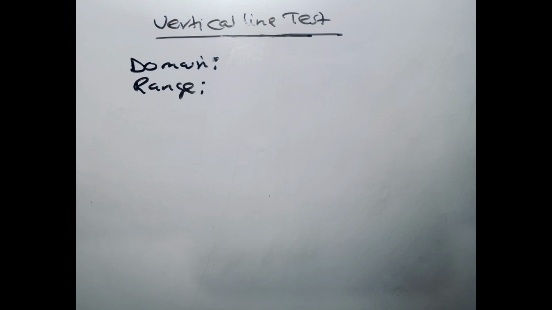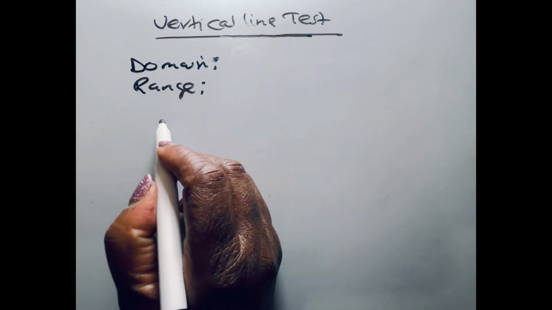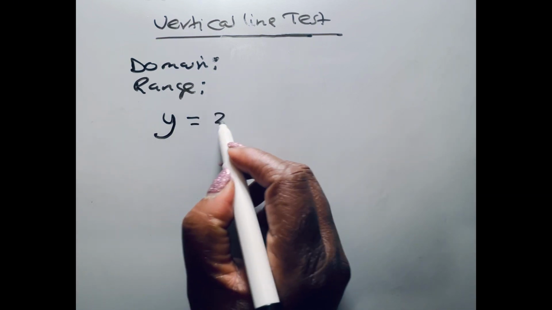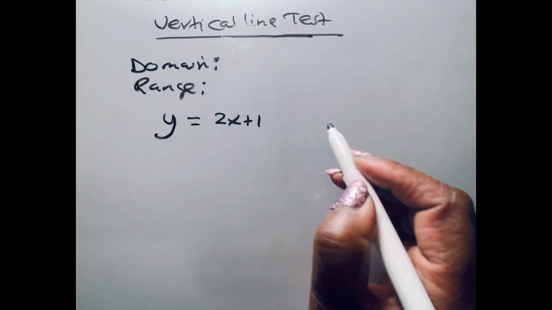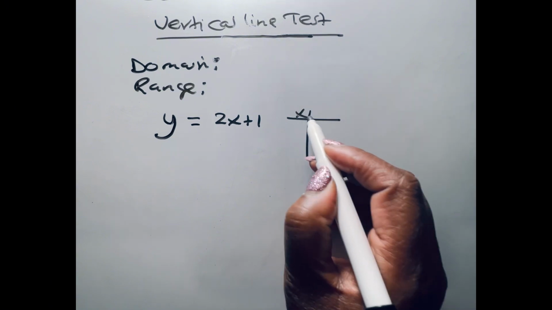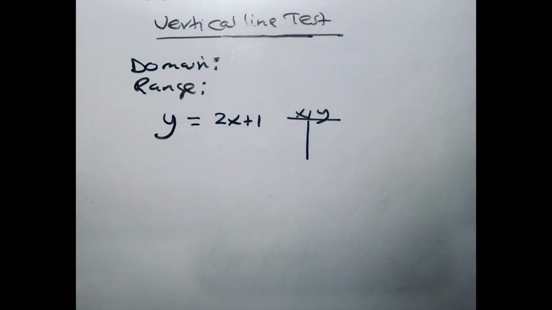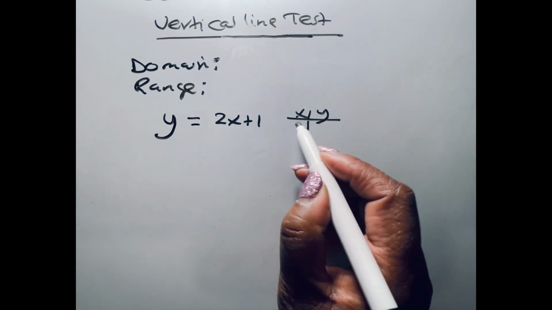Let's do another example. Supposing we have our function y is equal to 2x plus 1. First, we'll make a little chart to get the points that we need to graph. So we're going to try 0.